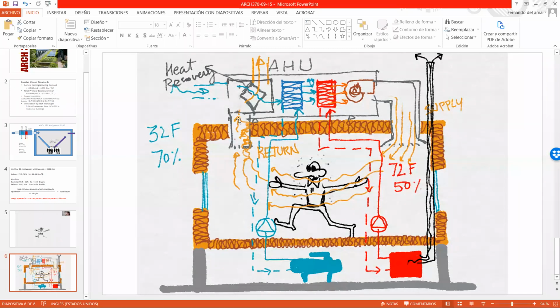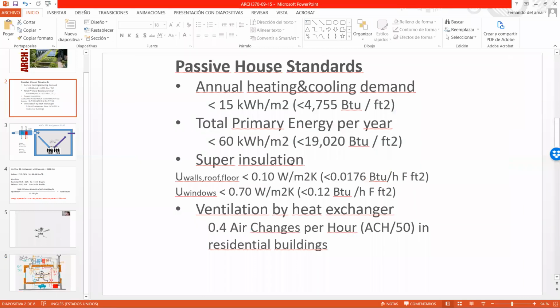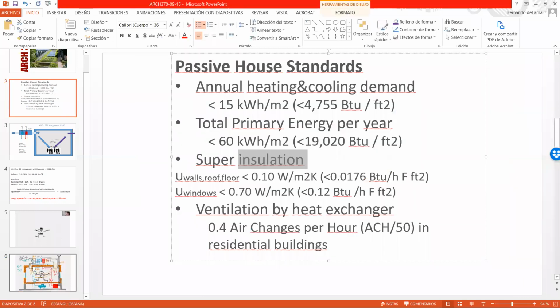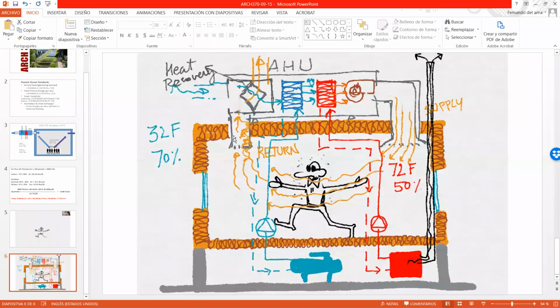But part of the energy that this air has is taken here. I think if we work with temperatures, we can understand this better.